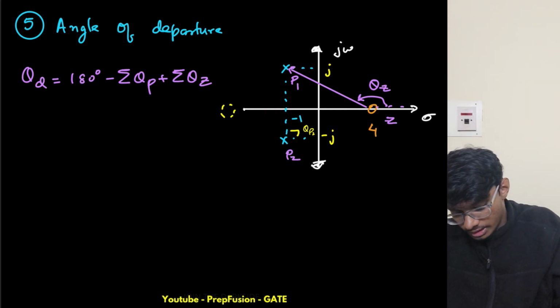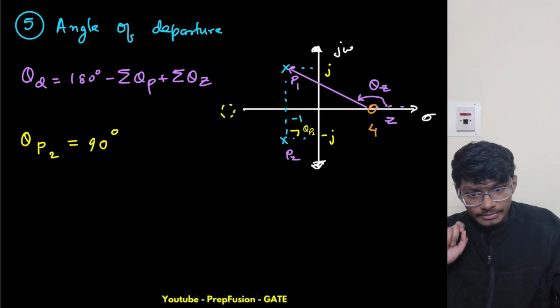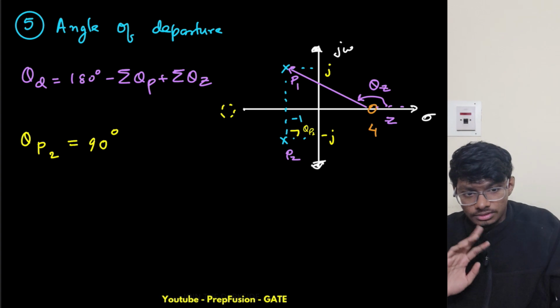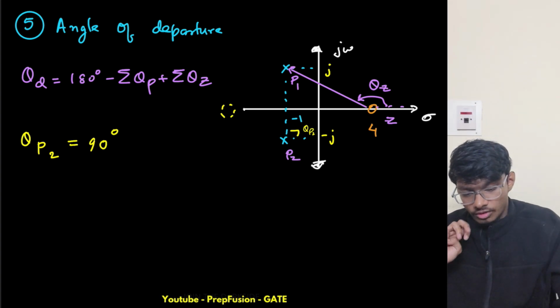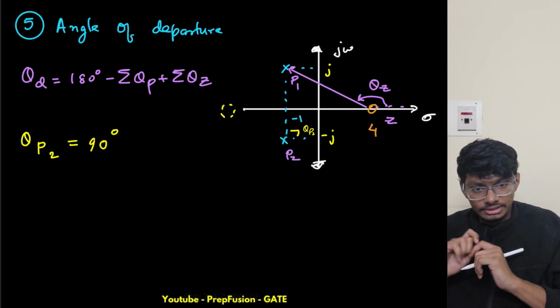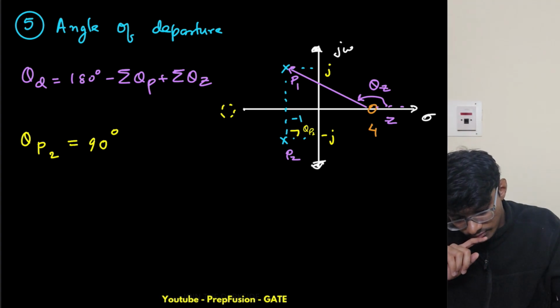From the figure itself I can see that theta p2 will be 90 degrees. Now what will be my theta z? Theta z will be simply, what is the distance from this point?